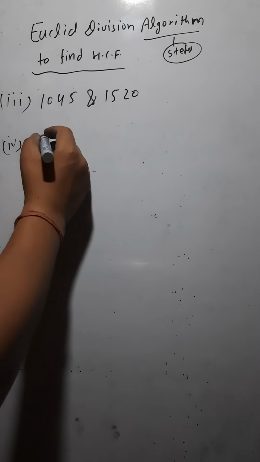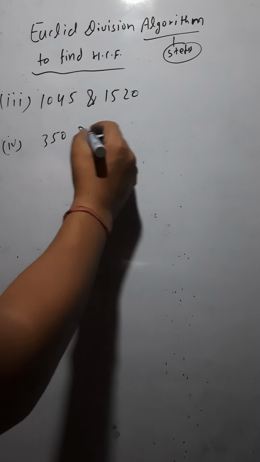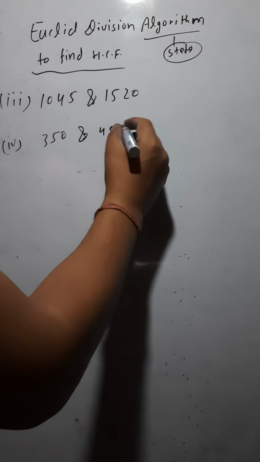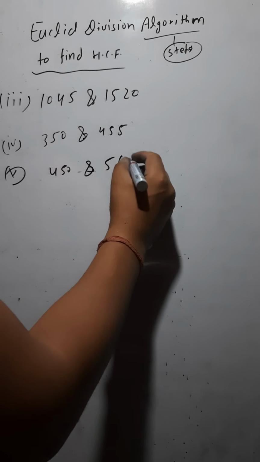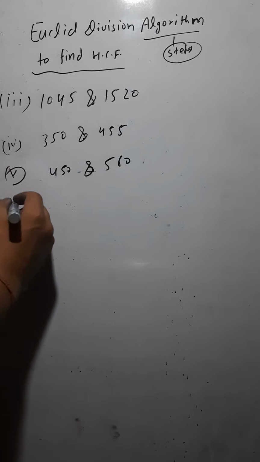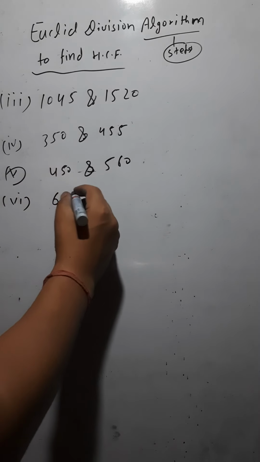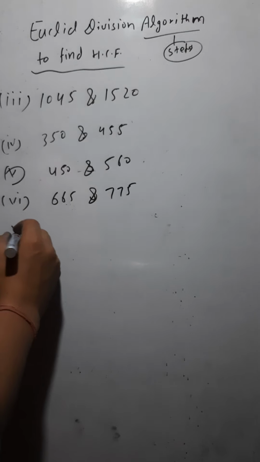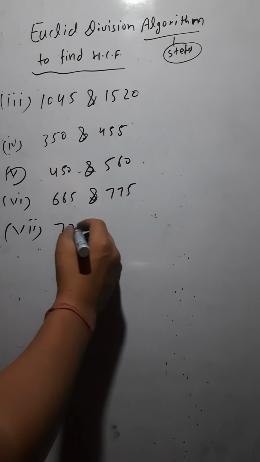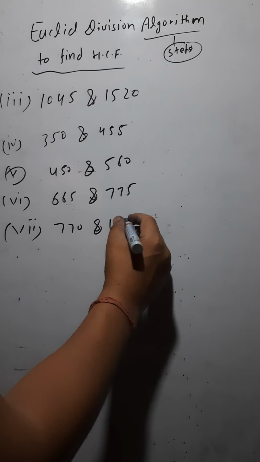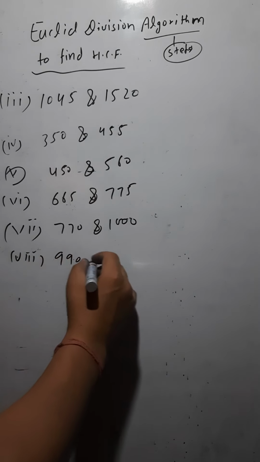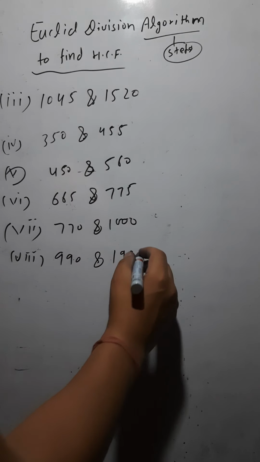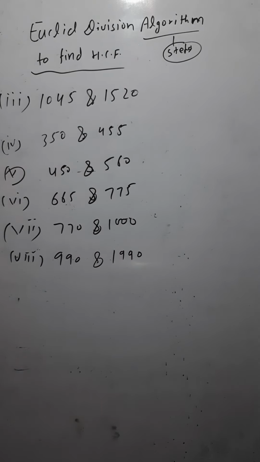Find out the HCF of let's say 350 and 455, then one more, 450 and 560. Then the sixth question, 665 and 775. Then some more questions: 1000, and then 990 and 1990. These are some questions which you have to try yourself.